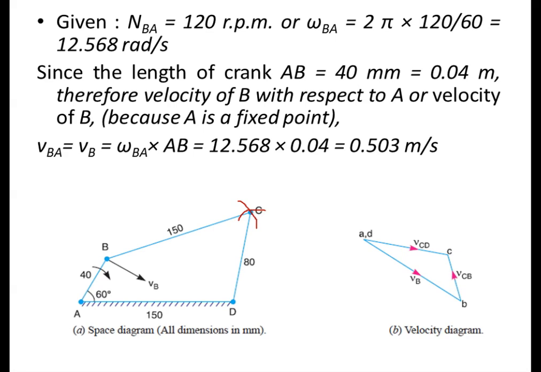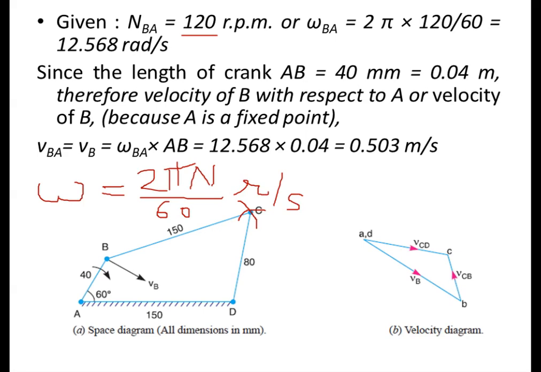Okay, so initially the speed given is NBA is 120 rpm. You know that omega is nothing but 2 pi N by 60. Always remember this.